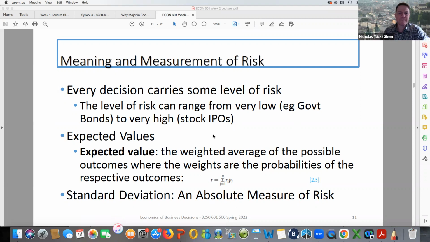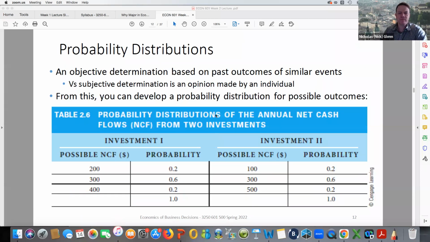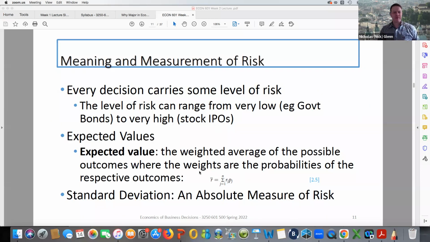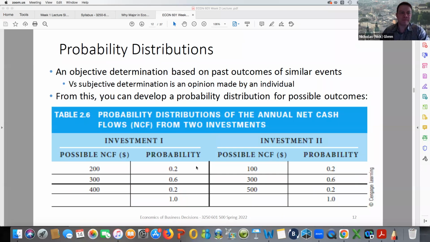All right. This next example I'll use to illustrate the expected value, and I'll talk about the standard deviation with this as well. Here they're looking at two different investments.